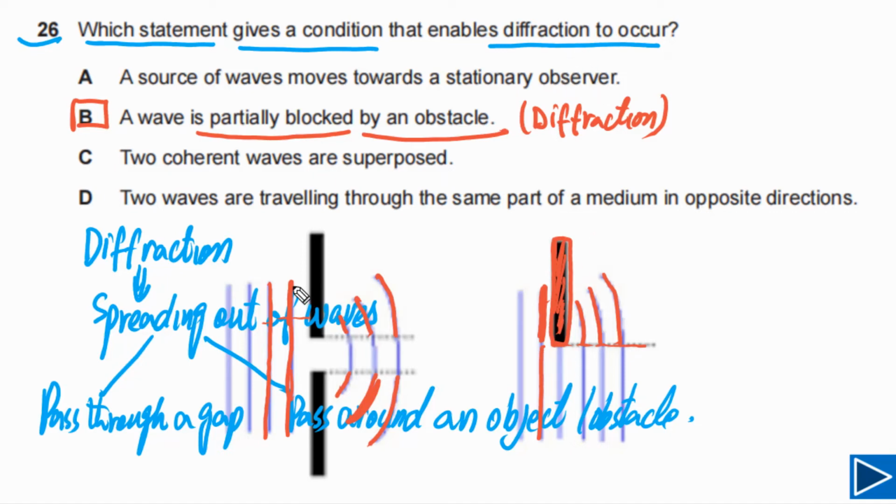In this case part of the wave is blocked, and the part which passes through this gap spreads out. The same is true here. The wave is partially blocked, and the part of the wave which passes around this obstacle spreads out, and it can reach behind the obstacle. So these are a few points we first have to understand about diffraction. That's the reason our answer for this question is this.